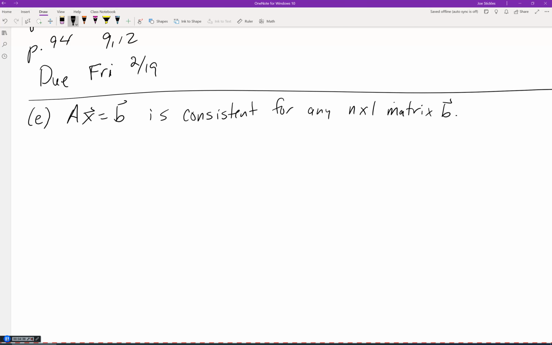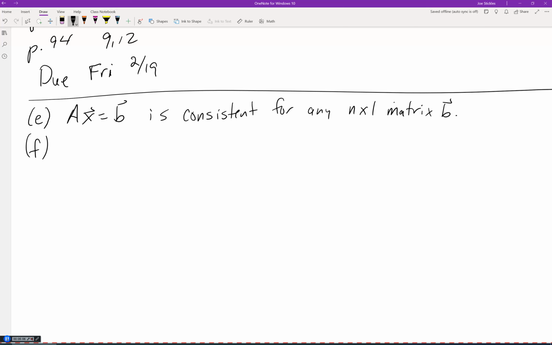If it's invertible, we already talked about this in the last class period. If it's invertible, what can I multiply both sides by to get X by itself? Yeah, A inverse, right? So consistent again means that it has at least one solution. So certainly if it's invertible, it's going to have at least one solution, without any doubt, right? So certainly this statement's true if it's invertible.